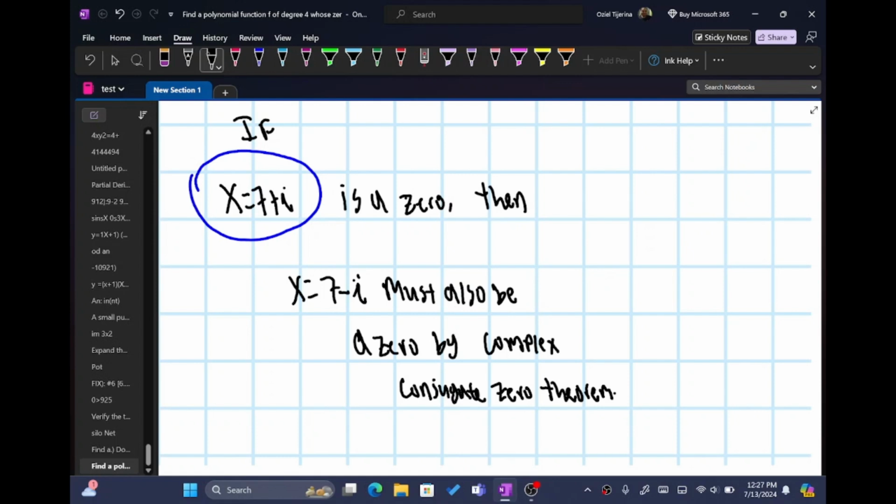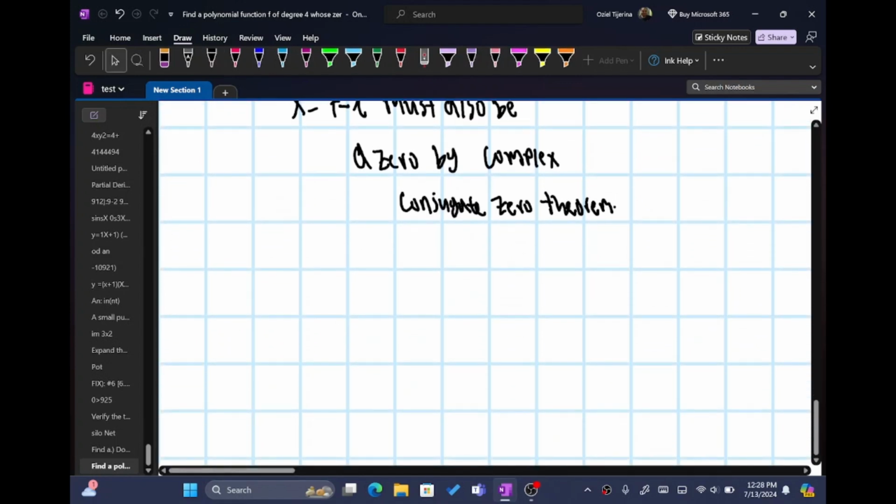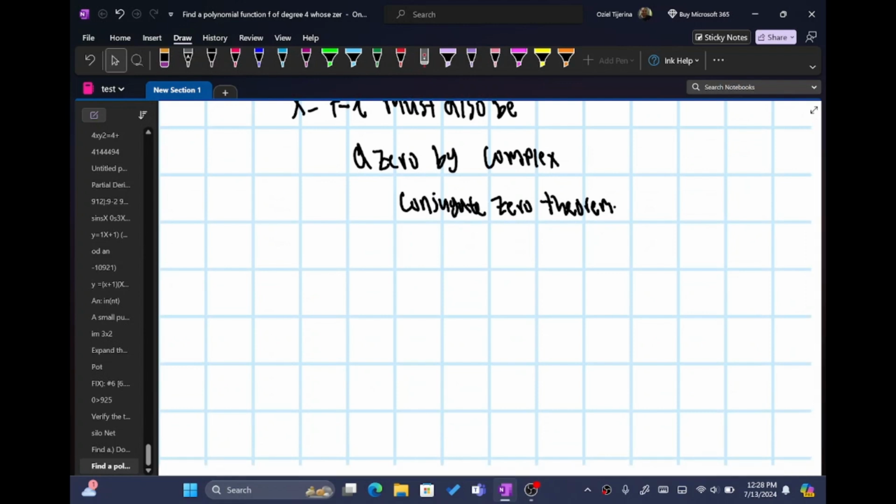Yes, those are zeros, but there's one more missing, the conjugate of 7 plus i. Otherwise, if you just include those 3 zeros, the polynomial will be wrong. I just want to make that very clear.